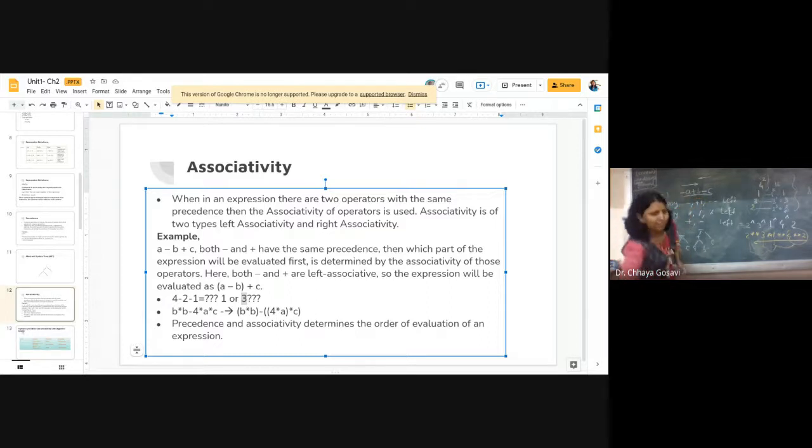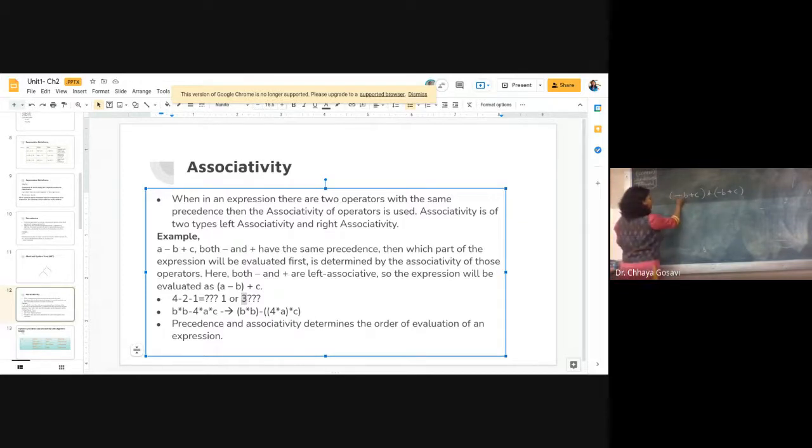Or I'll give you one more interesting example. Minus B plus C star minus B plus C. How to convert this infix expression to prefix or postfix?